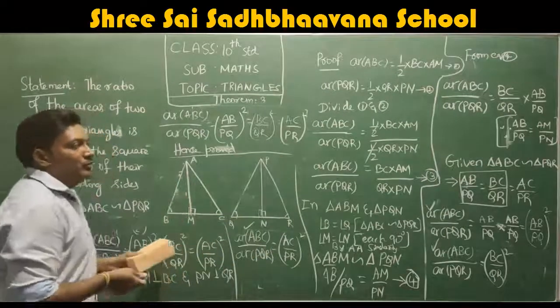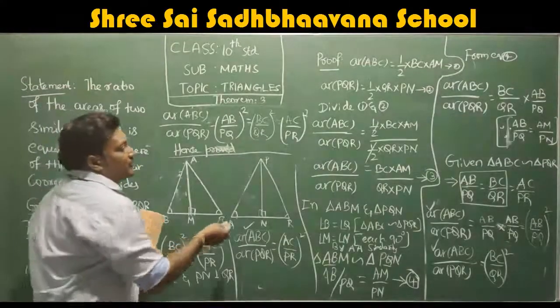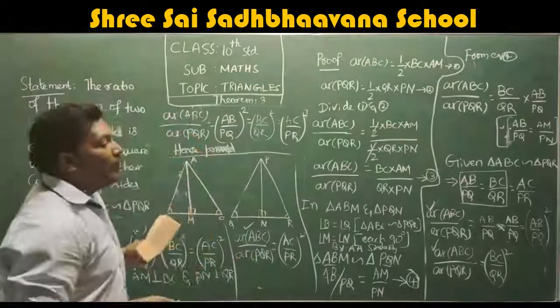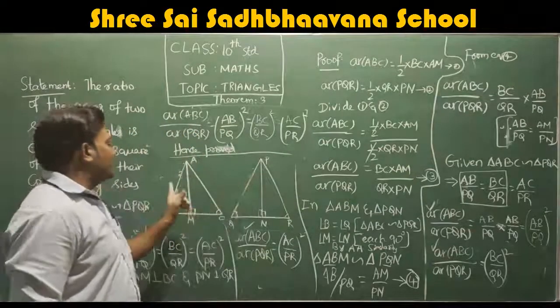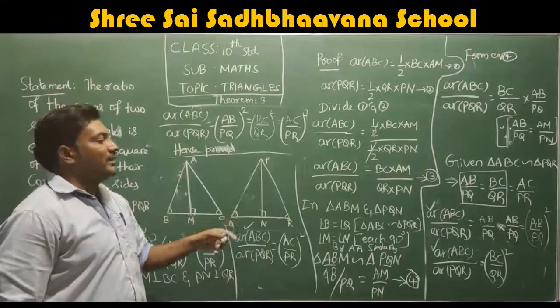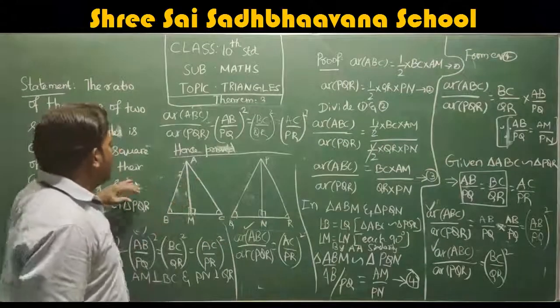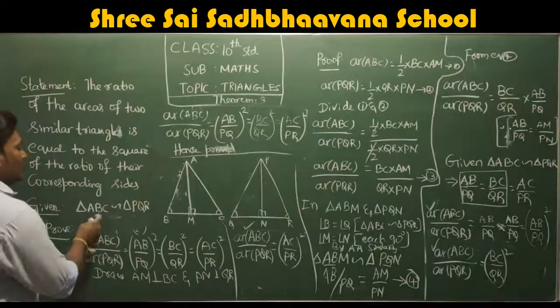So divide 1 and 2. When you divide, half and half will get cancelled, and we will be left with BC into AM by QR into PN. Now I am taking two triangles, ABM and PQN. In these two triangles, angle B and angle Q are equal because it is already given that ABC is similar to PQR.